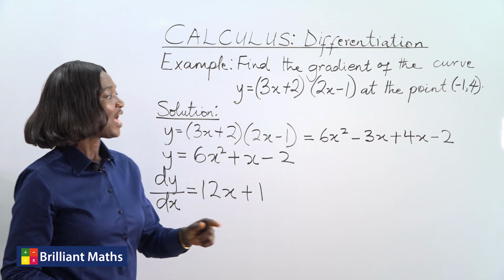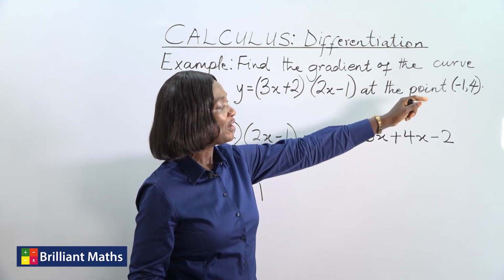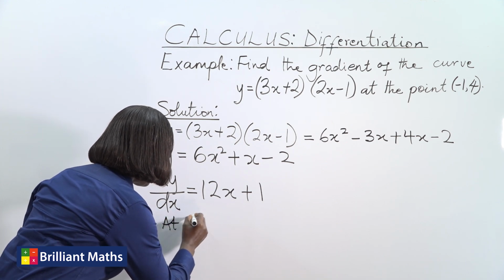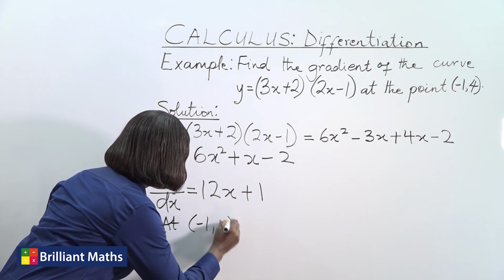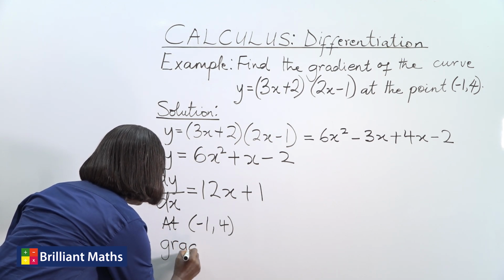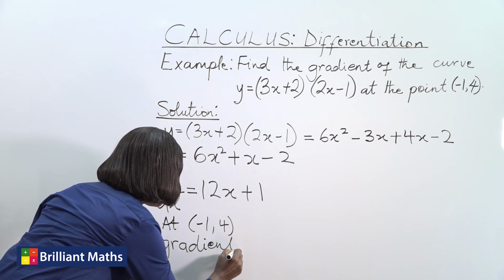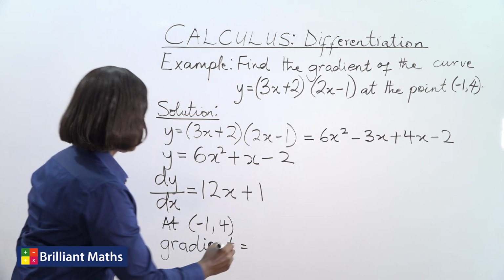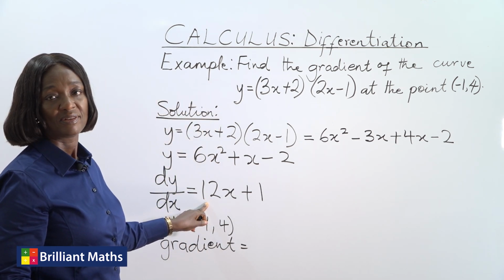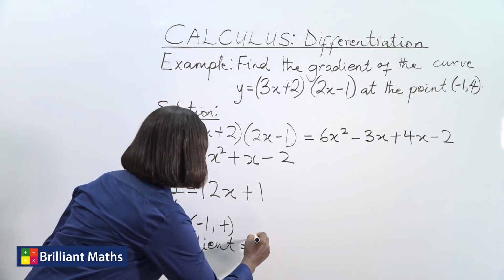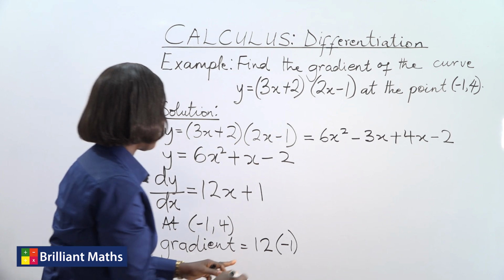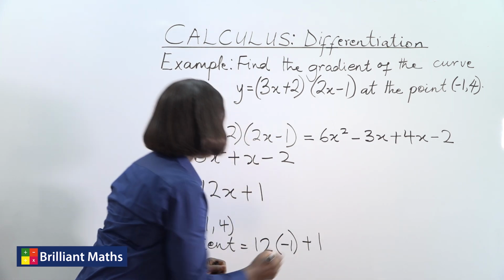But at what point? At the point (-1, 4). So at (-1, 4), the gradient, or dy/dx, is equal to, x is minus 1, so 12 times minus 1 plus 1.